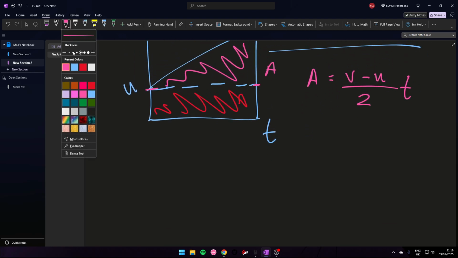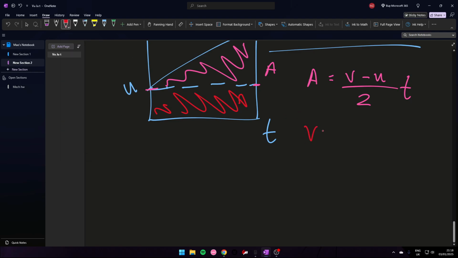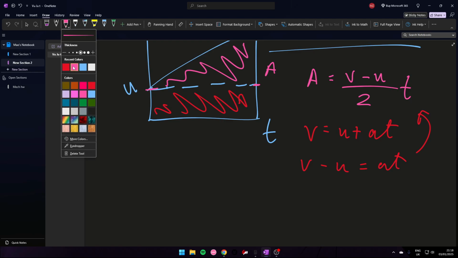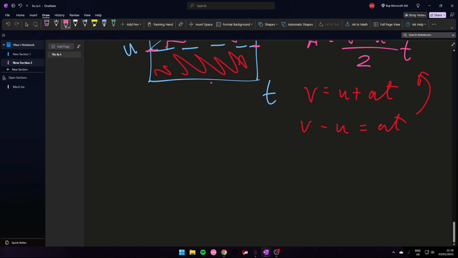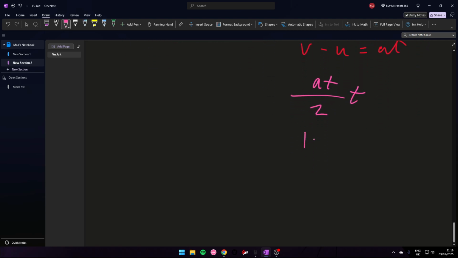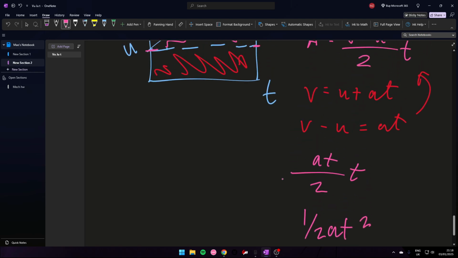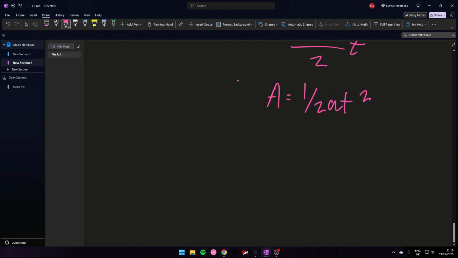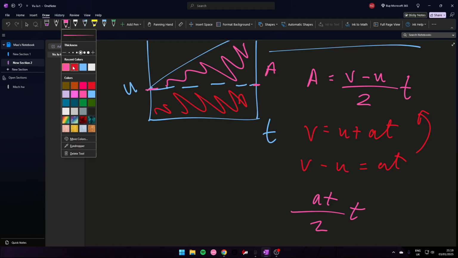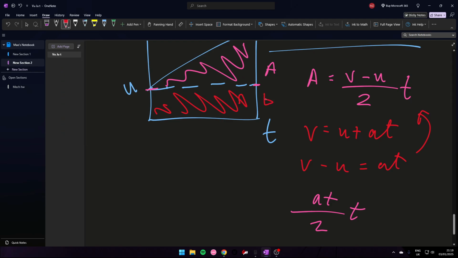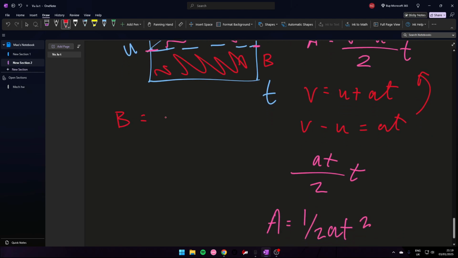Now remembering back to the original equation that we got, v is equal to u plus at, we can rearrange to get v take away u is equal to at, and we can substitute that into this equation. So then we're left with at over 2 times t, which leaves us with half at squared for the area of A. Then for the area of B, it's just ut.